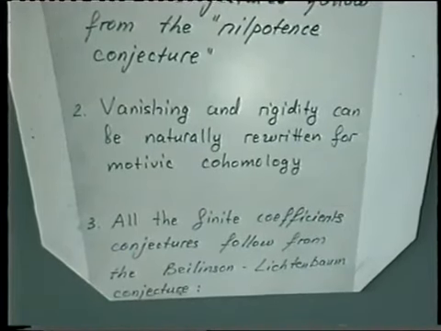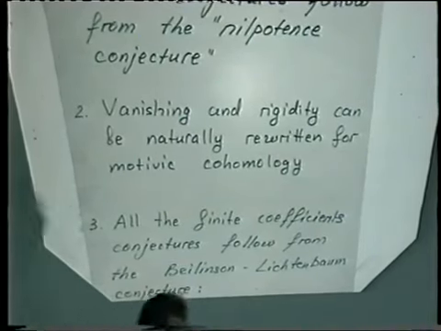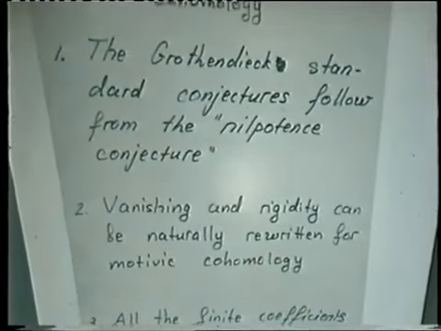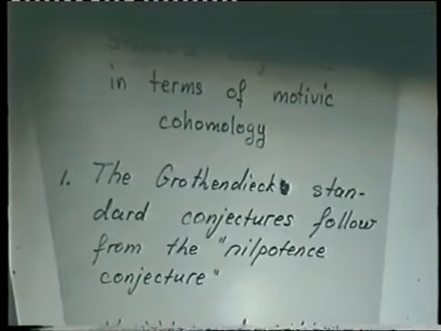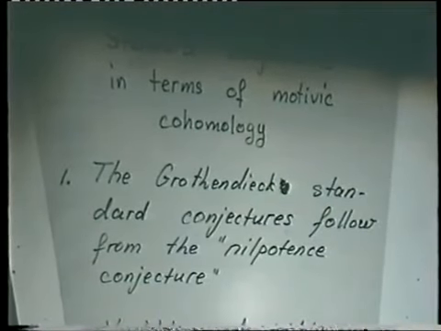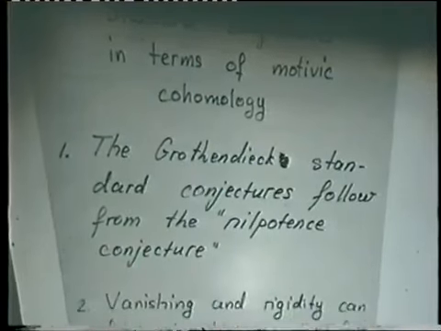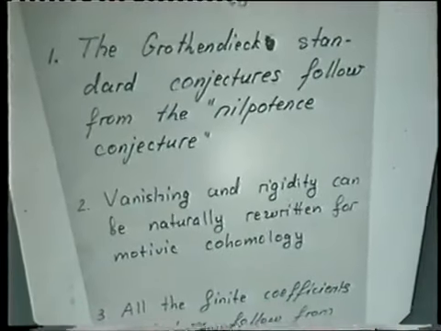There is vanishing and rigidity, which was originally reformulated by Beilinson in terms of motivic cohomology. It was a very natural reformulation, where the vanishing part says that motivic cohomology with negative first index is 0. And all the finite coefficients conjectures, it was understood how they all follow from one conjecture, which is called the Beilinson-Lichtenbaum conjecture, and which looks as follows.